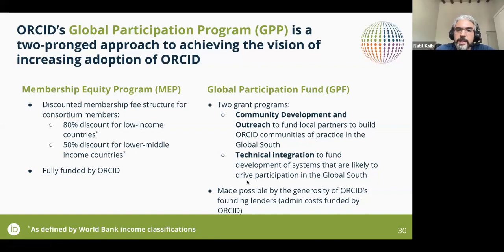The second part is grants, which is a fund dedicated to community building and also to technical integration. And you can consult this in our public pages in the GPP section and get more insights on that.